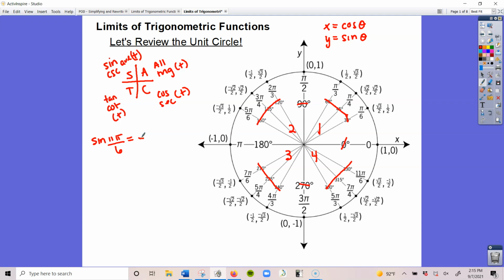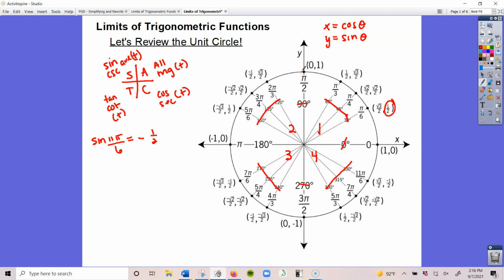Now, as long as you know that in quadrant 1, the sine of pi over 6 is 1/2, then the sine of 11 pi over 6 would be negative 1/2. So the number never changes, only the sign changes. So that's why we remember this in just quadrant 1.